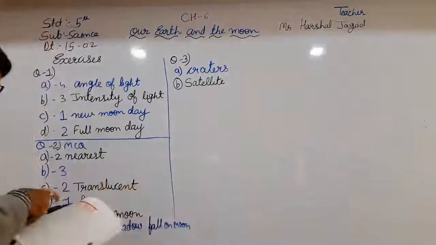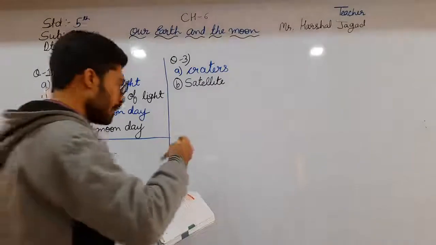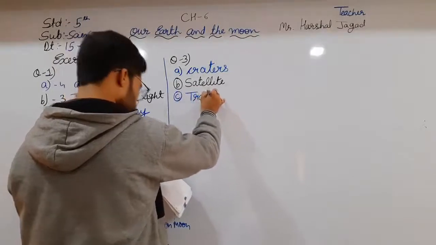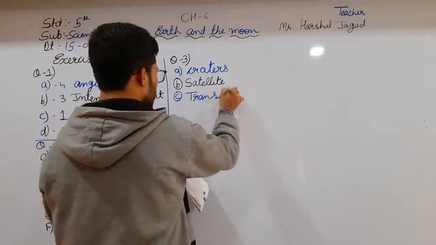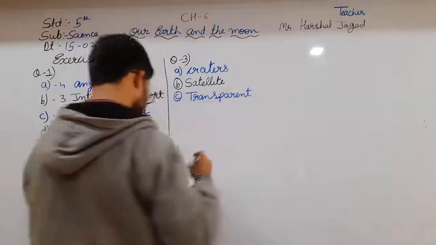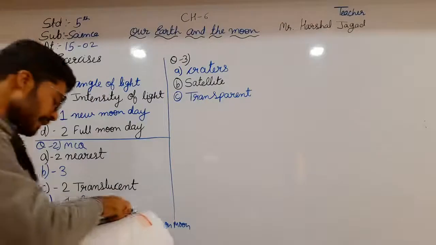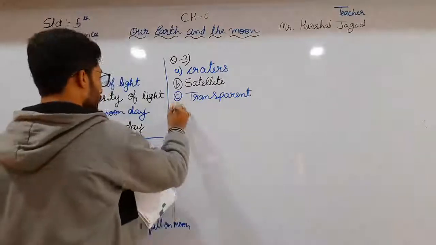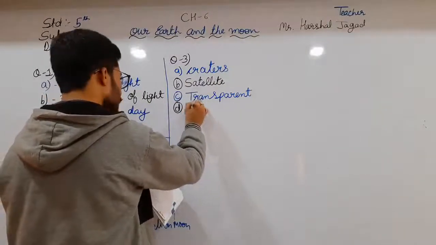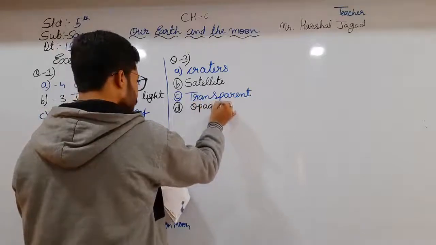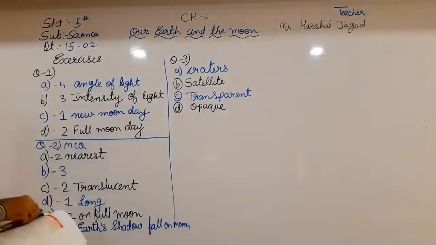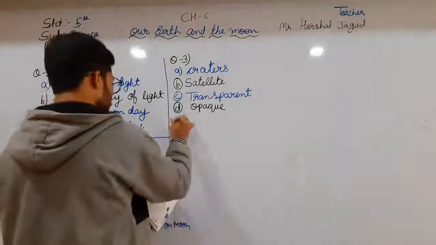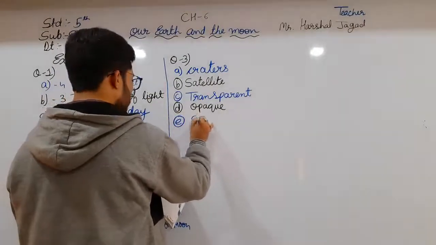Then C, objects through which light can pass are called transparent objects. D, light blocked by an dash body casts a shadow, that is opaque. Then E, in olden days dash were used to find out the time, that is sundial.